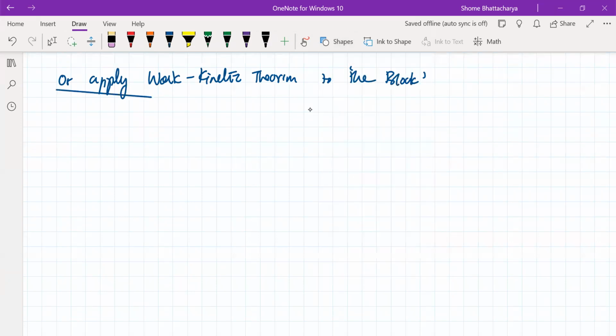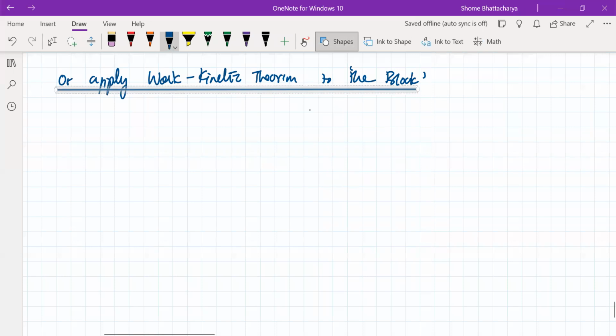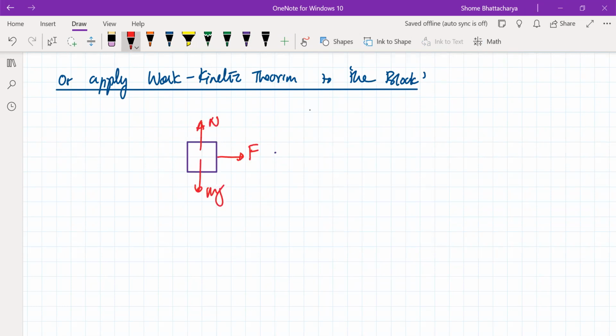So how that works out is that now we don't have to worry about what is internal force, what is external force, what is conservative, what is non-conservative. We have to just consider what all forces are doing work on the block. So there is the external force, there is normal reaction, there is mg, and there is the internal force that the spring was applying, but that to us does not matter anymore because we are only going to consider net work done. And that is equal to change in kinetic energy.